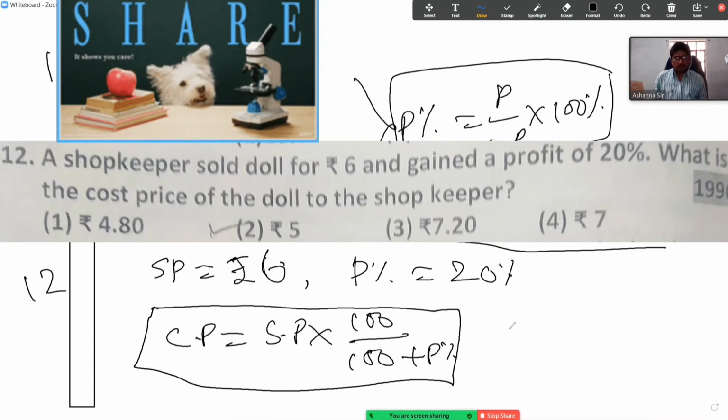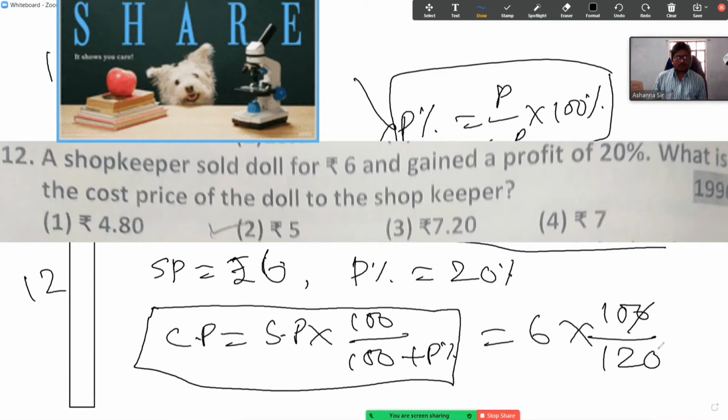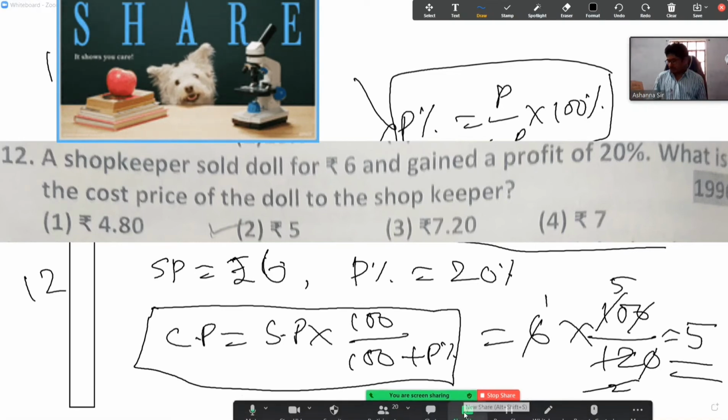So here selling price is 6 rupees, 100 by 120. 0 gets cancelled. 6 ones are 6, 6 twos are... 2 ones are 2, 2 fives are... 5 rupees is the cost price. So option 2.